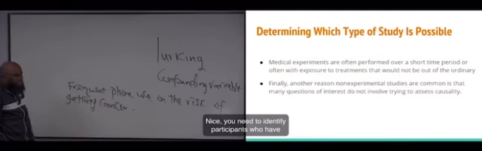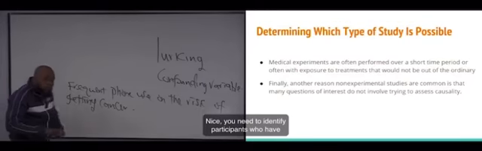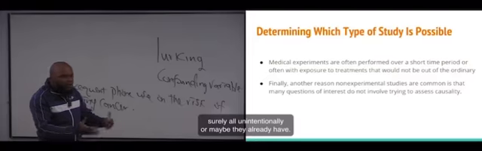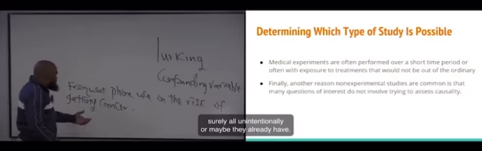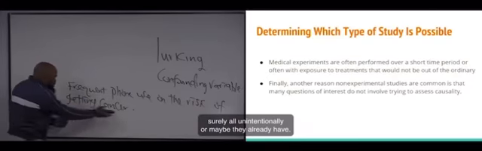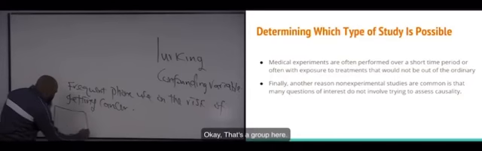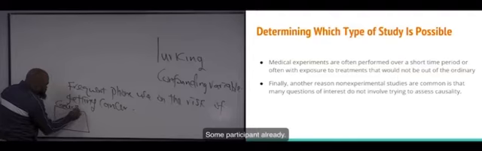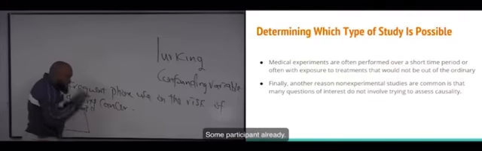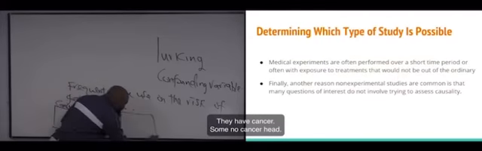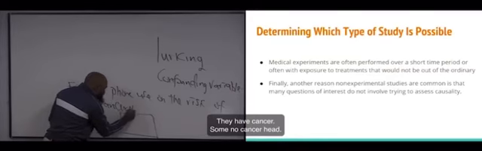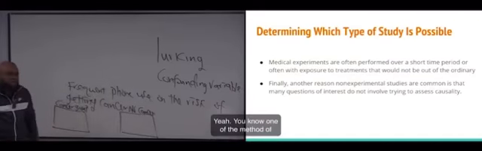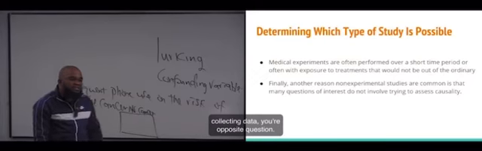In the observational study, this is what you're going to do. You need to identify some participants who have, intentionally or unintentionally, or maybe already, a cancer group here. Some participants already have cancer, and some have no cancer here. And you now draft a questionnaire, one of the methods of collecting data.